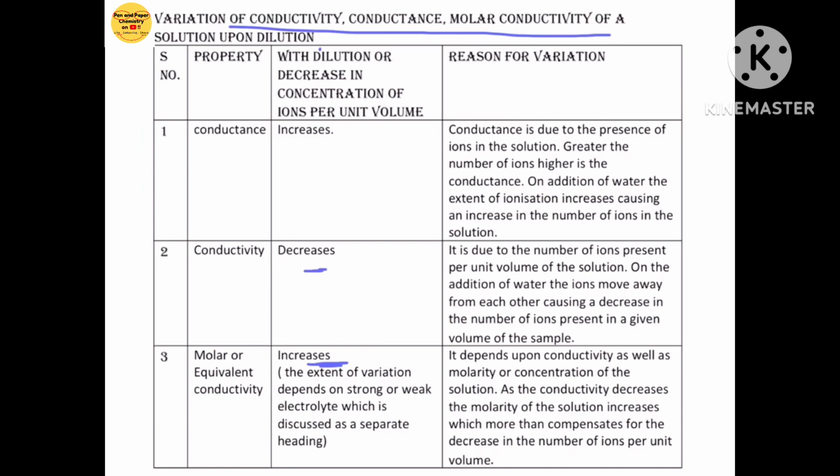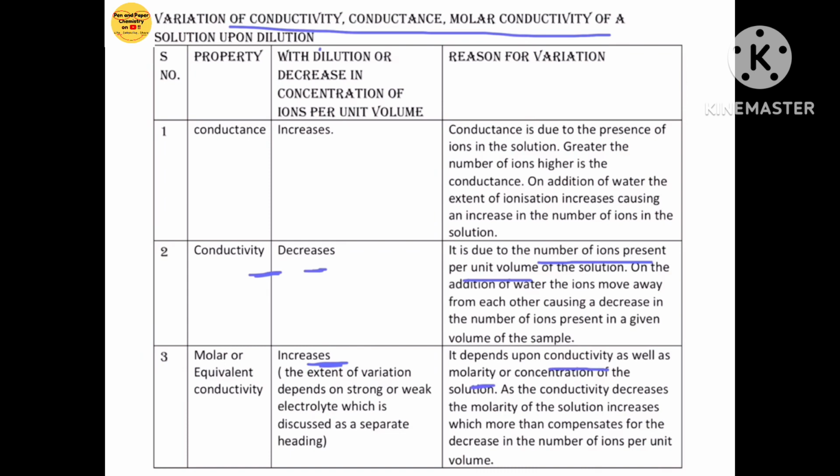So conductivity, it is due to the number of ions present per unit volume of the solution. Because that is decreasing, the conductivity of the solution also decreases. On the other hand, molar conductivity is dependent upon conductivity as well as molarity or volume of the solution.